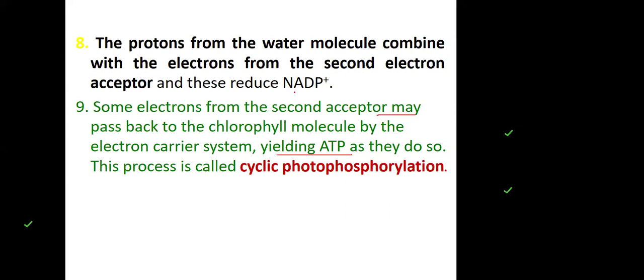And maybe when you do biochemistry at a higher level, you should be able to find out what that reason is. Why is cyclic photophosphorylation there, yet it produces just ATP? There must be a reason. But for our level, we are not supposed to go into that detail.